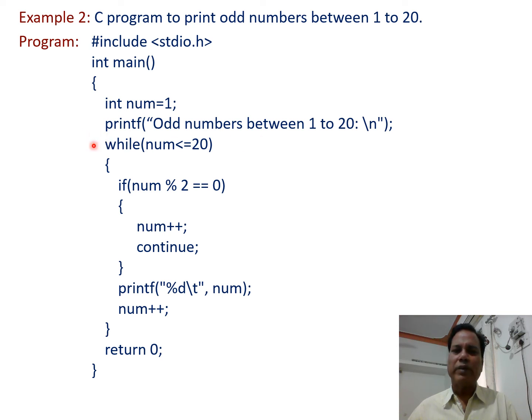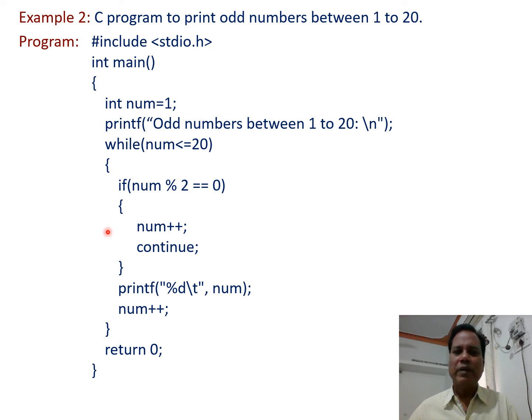Then the while statement condition is tested; the condition is true for the first time as the value of num is 1. When the condition is true, control enters the body of the while loop.